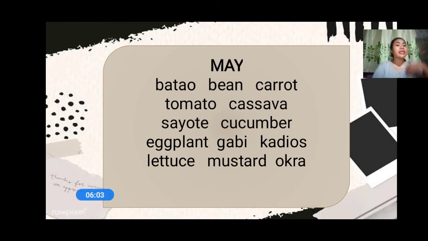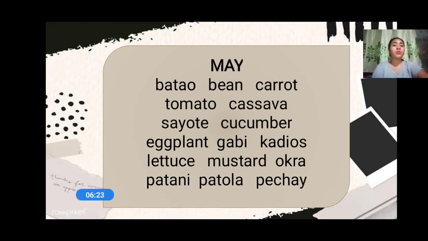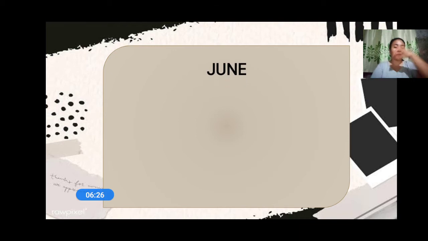Very good, everyone. We have the bataw, bean, carrot, tomato, cassava, sayote, cucumber, gabi, kadyos, lettuce, mustard, and okra. Okay, so let's proceed to June.